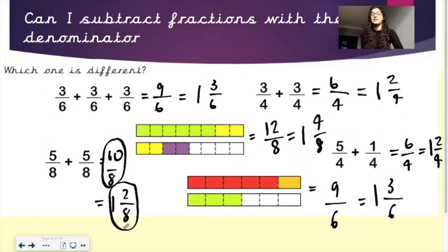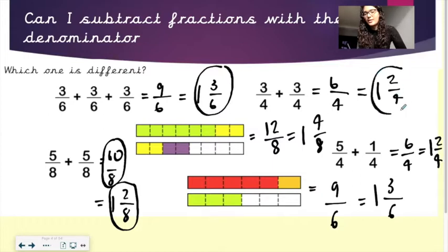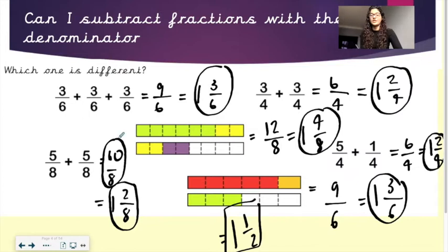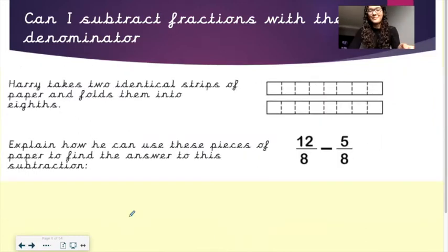Now, the reason why I think it's different is because this fraction, this fraction, this fraction, this fraction, and this fraction can all show the same thing, which if you simplify these fractions even more is 1.5. So every single fraction apart from this one is a way of showing me 1.5. So that is why this one would be different.